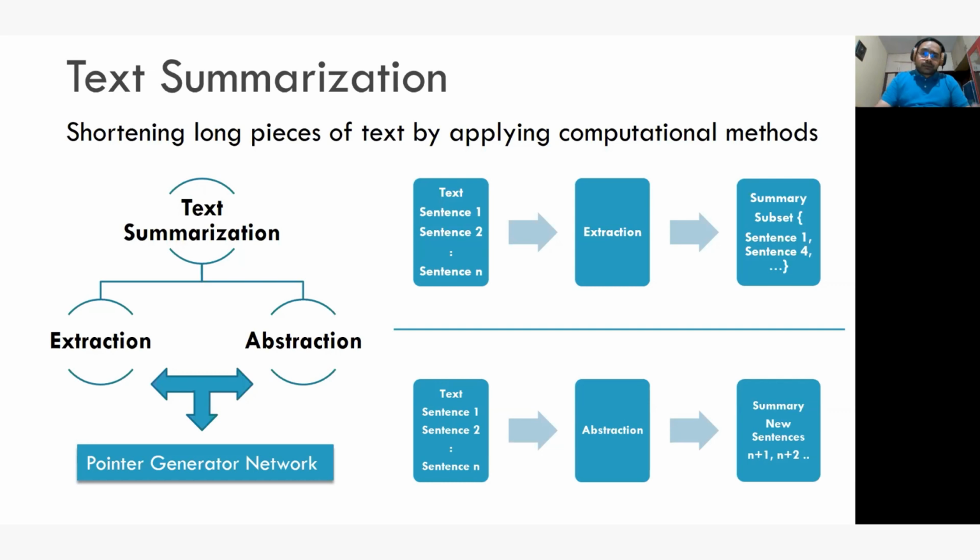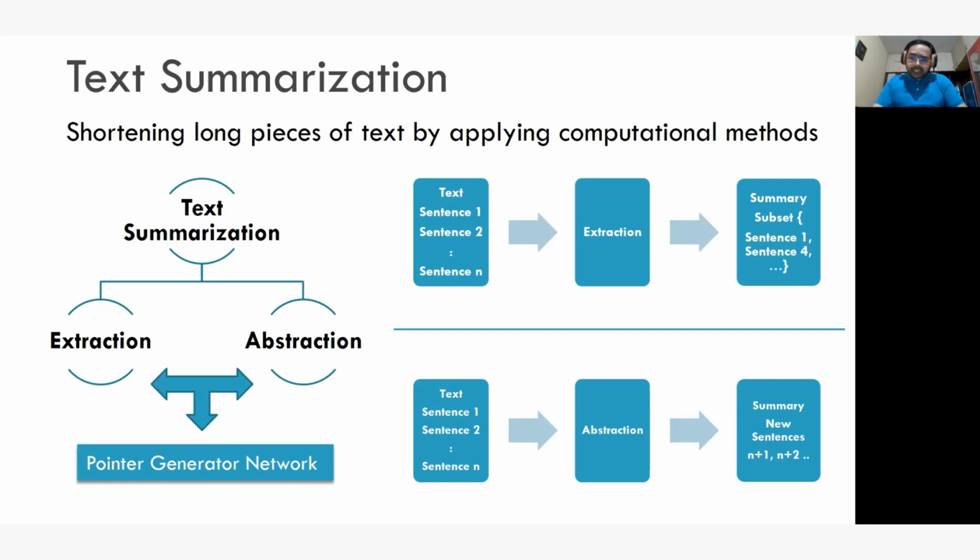So both of these approaches have their own advantages and disadvantages. For example, extractive technique has the advantage that it's fast and it can give you quick results, but it is not going to give you the more intuitive results.